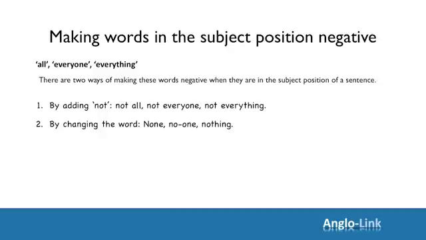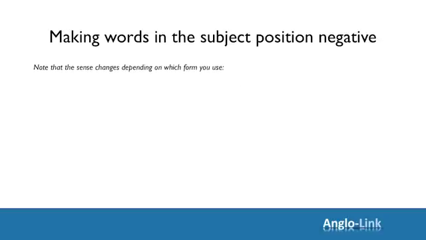However, be careful that depending on which form you use, the meaning changes. Let's show you an example. Let's start with the sentence, all the guests have arrived, and make it negative by adding not to the beginning of the sentence. Not all the guests have arrived.